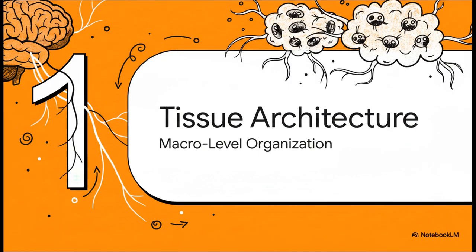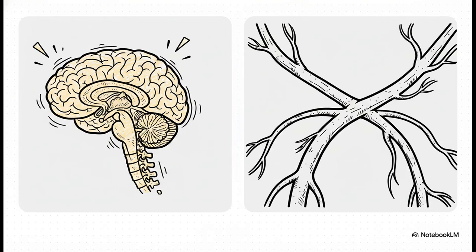Section 1. Nervous tissue architecture. To start, there's a really stark, fundamental structural dichotomy between the central nervous system and the peripheral nervous system. The CNS, so your brain and spinal cord, operates as a heavily fortified, highly compact matrix. It's totally dedicated to dense central processing and integration. By contrast, the peripheral nerve bundles of the PNS stretch way outward to connect that central processing hub to the body's furthest extremities.